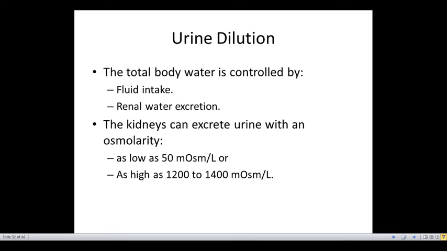The kidneys can excrete urine with an osmolarity as low as 50 milliosmoles per liter or as high as 1200 to 1400 milliosmoles per liter.